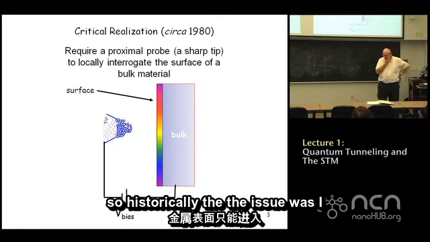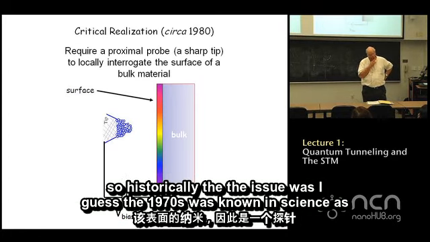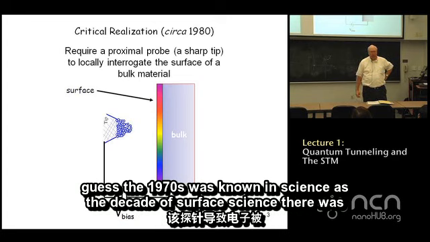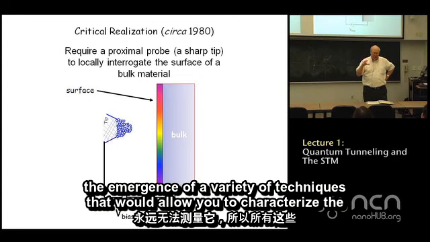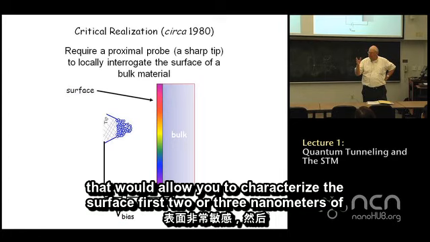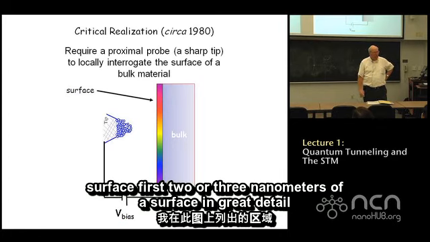So historically, the 1970s was known in science as the decade of surface science. There was the emergence of a variety of techniques that would allow you to characterize the surface, the first 2 or 3 nanometers of a surface, in great detail.